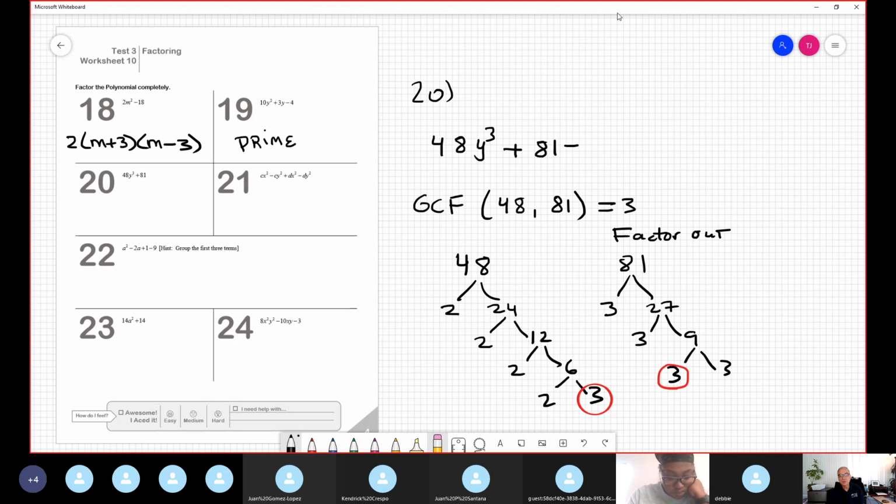And I factor out 3. I put 3 out. So we have, look. So you factor out 3, and 48 divided by 3 is 16. 16 what? 16y cubic plus.